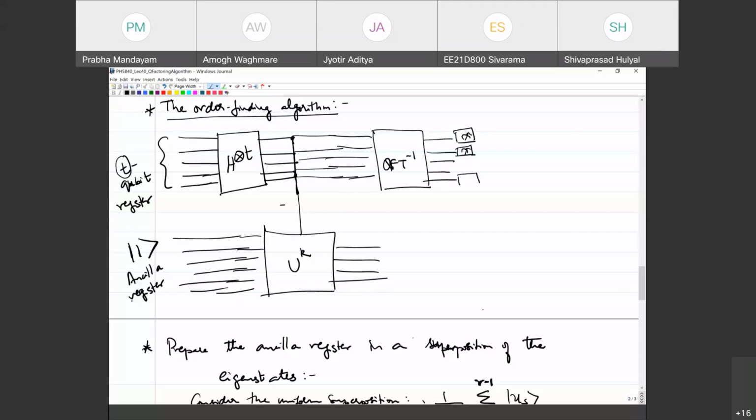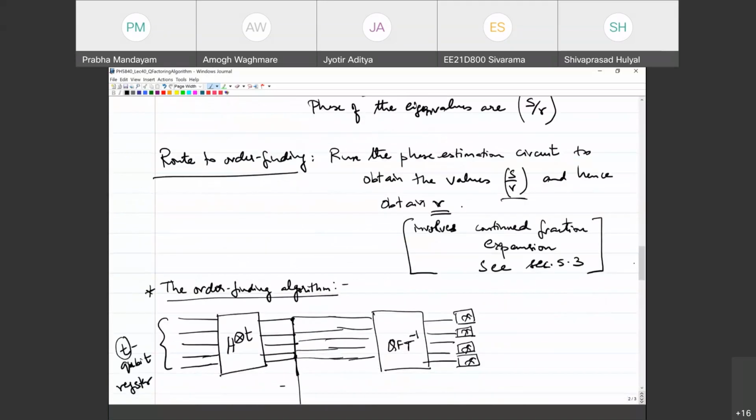There is a fair bit of analysis now to show how this measurement is actually going to give you, first of all, a phase which is close enough to the original phase s by r, and secondly, how to go from s by r to r.